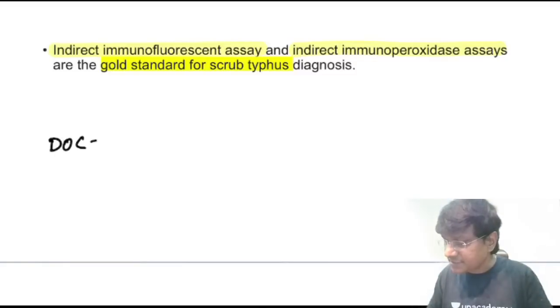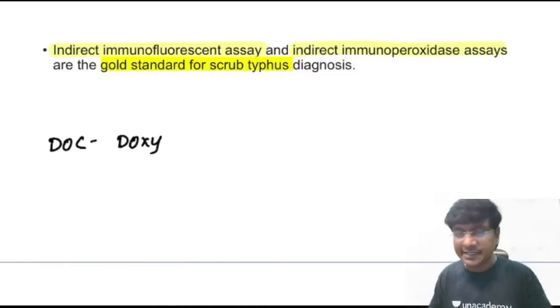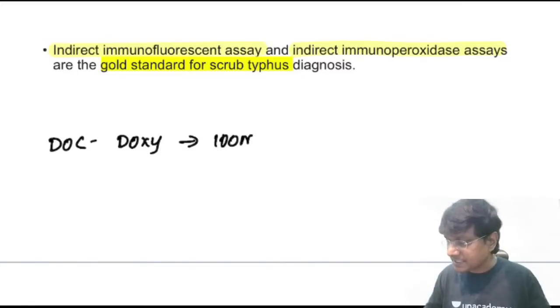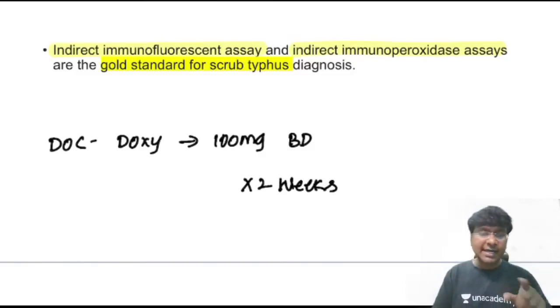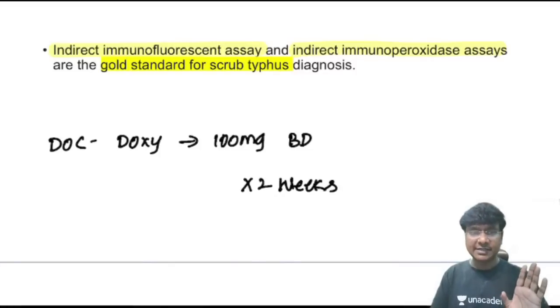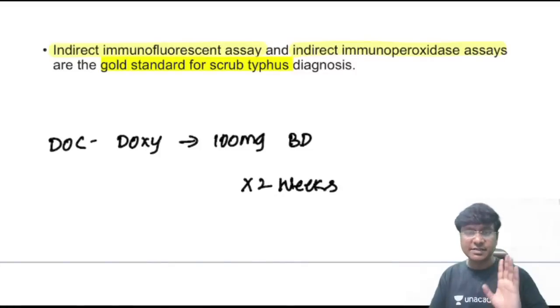Just now we have discussed that doxycycline is the drug of choice. What is the dosage? You have to give 100 milligrams twice daily for 2 weeks. The other alternative drug is minocycline.